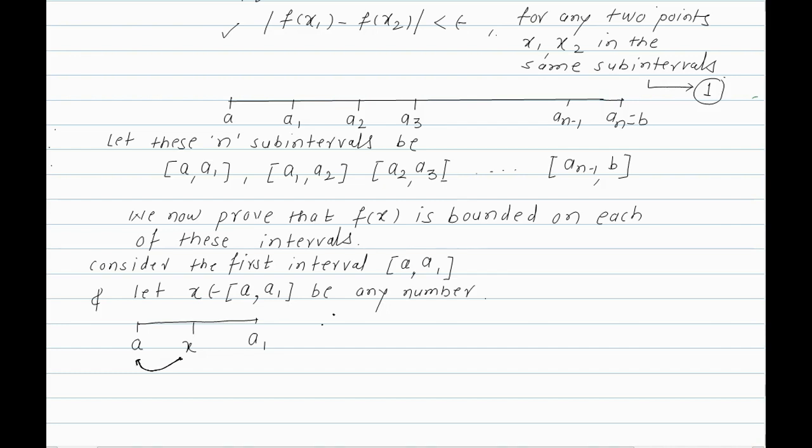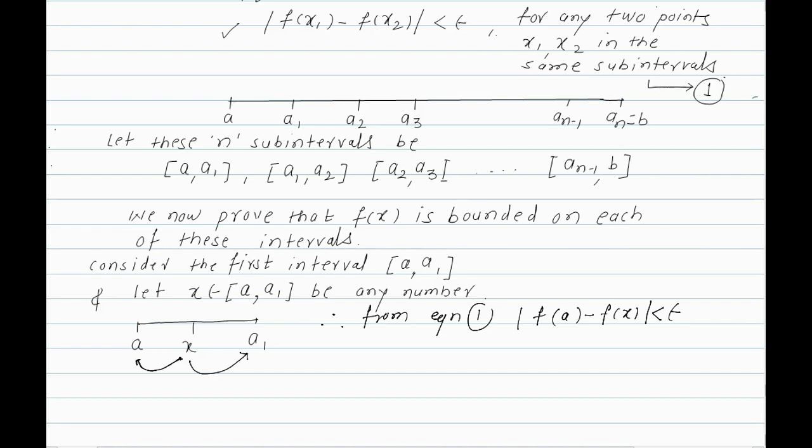So therefore from equation 1, mod of f of a minus f of x is less than epsilon, because a and x are 2 points in the same subinterval. Similarly, apply equation 1 to these 2 points x and a1.